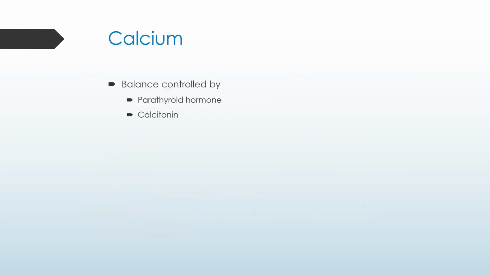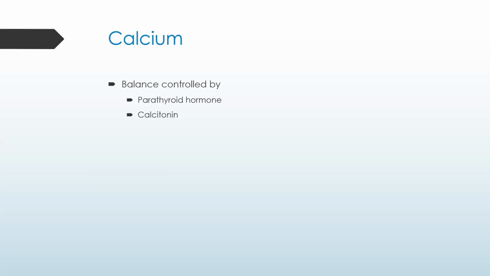Parathyroid hormone, PTH, and calcitonin regulate calcium levels. PTH production and release are stimulated by low serum calcium levels. PTH increases bone reabsorption, or movement of calcium out of the bone, and increases GI absorption of calcium and renal tubule reabsorption of calcium.